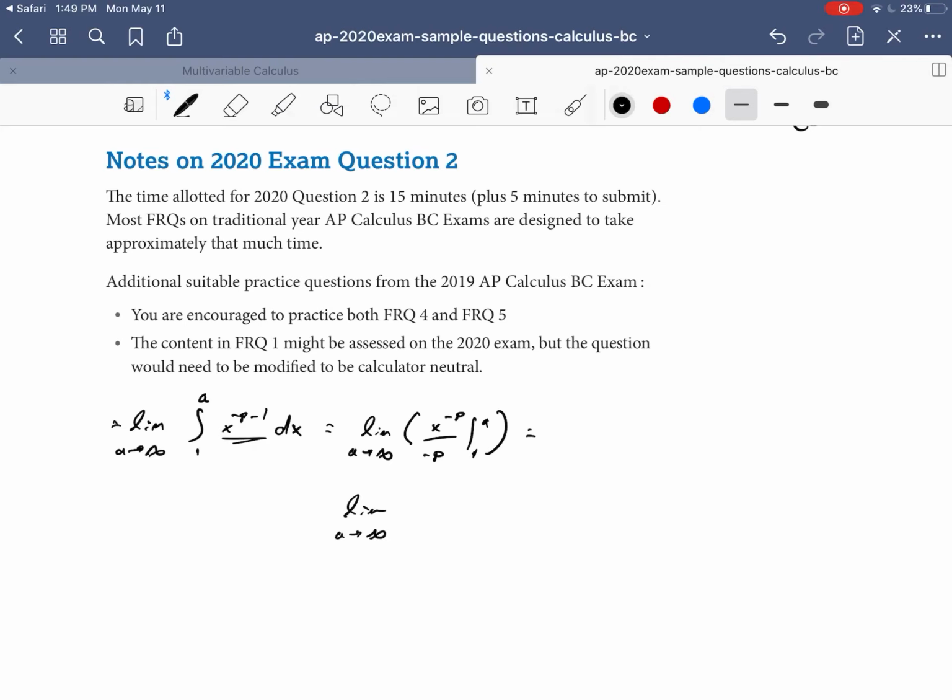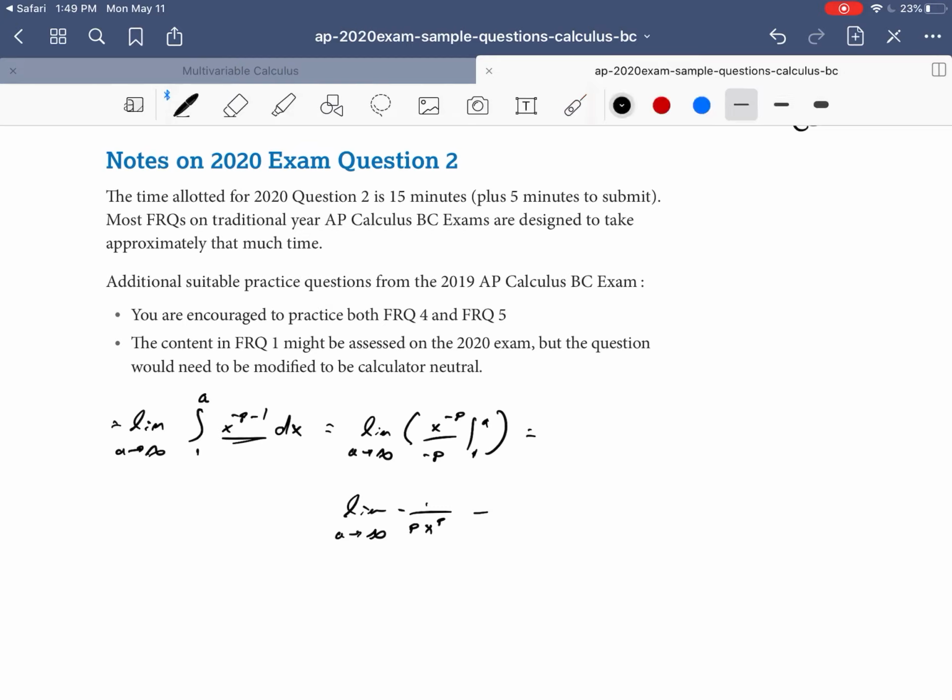Okay, anyway, we just have the limit as a approaches infinity of negative 1 over p times x to the positive p, so I put the p in the denominator, minus, and now I don't need another limit for the lower bound of integration because it doesn't depend on a. I'm only evaluating a on this first part.